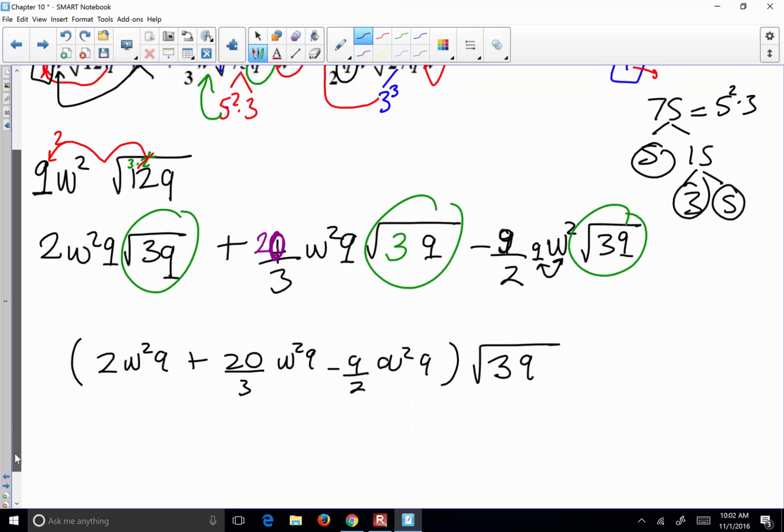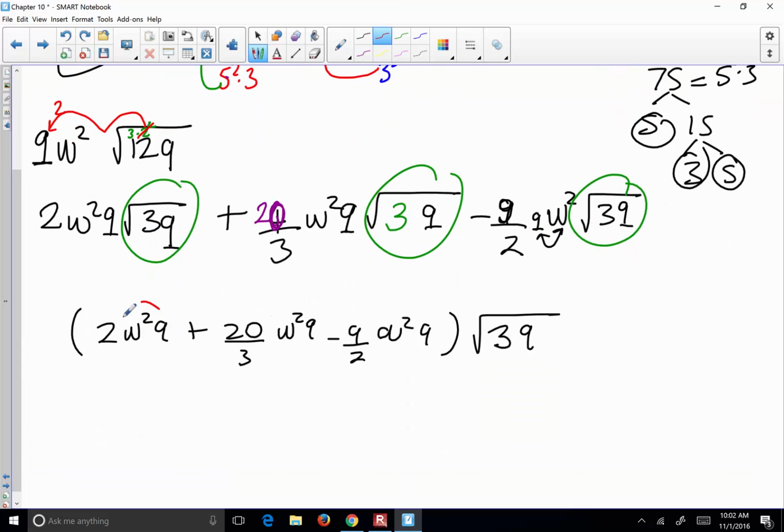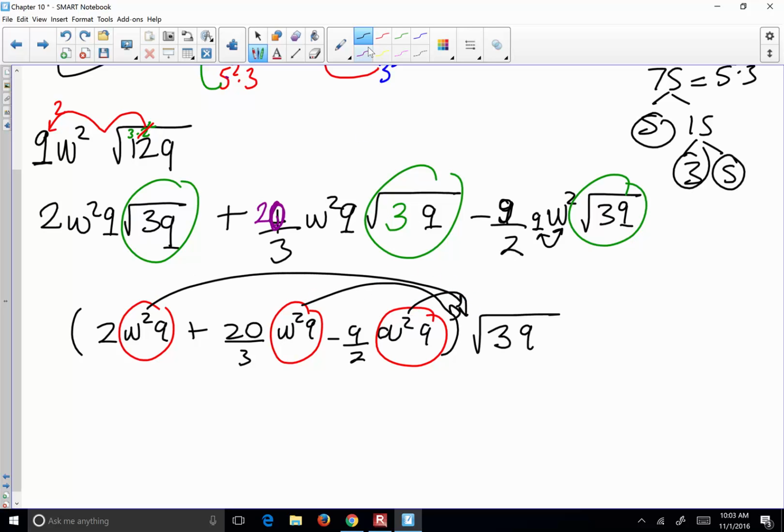Oh, I noticed that there is still common things in these parentheses. The greatest common factor is w squared q. I can move them also outside. Only add the numbers inside, which is this. When these red circles move out, w squared q.